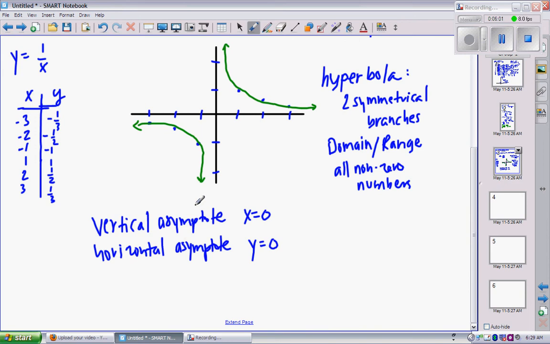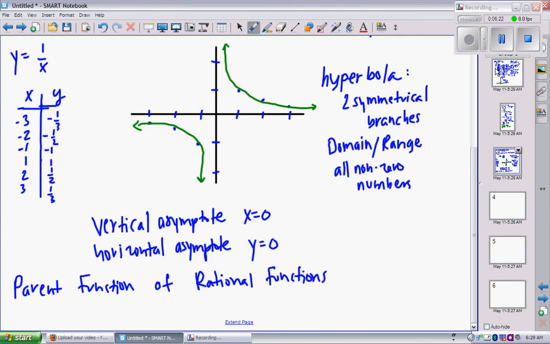This is called your parent function for your simple rational functions.